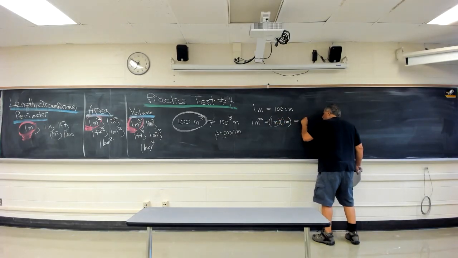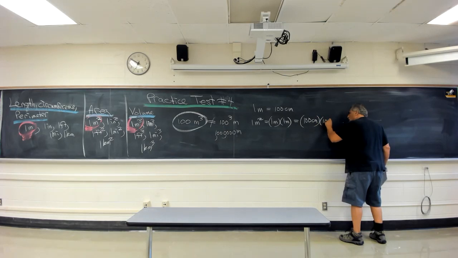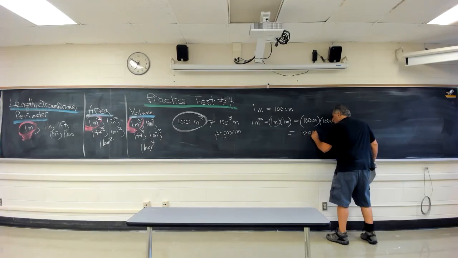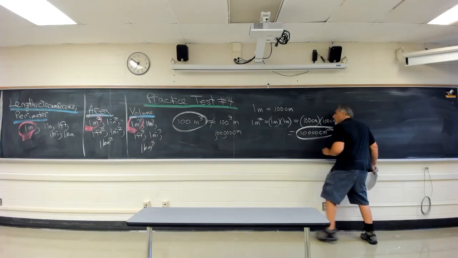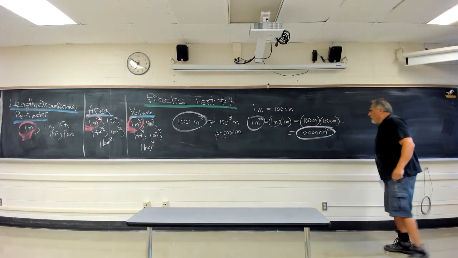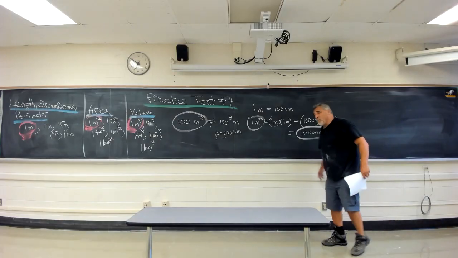Well, we already said every meter is 100 centimeters. (100 times 100), 10,000 square centimeters is the same as 1 square meter. Wow. I thought it'd just be 100 times bigger. Well, it's 100 times bigger in one direction.